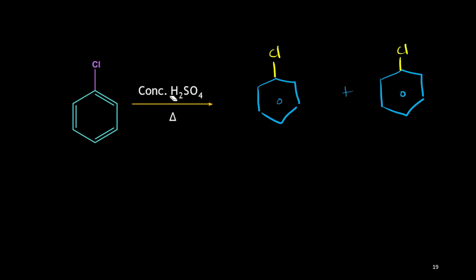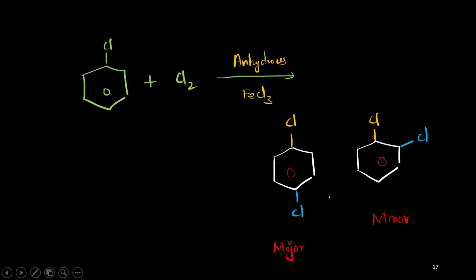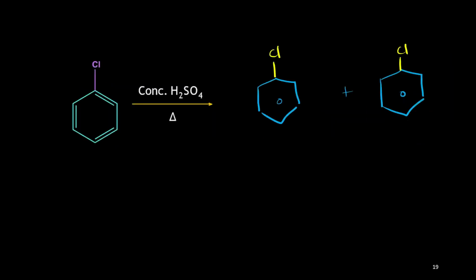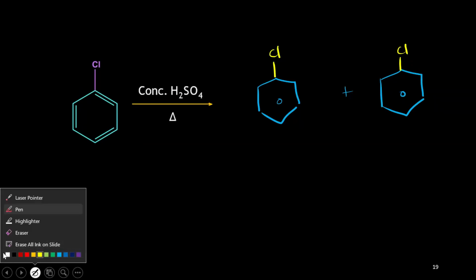SO4, sir. So what is attaching here, a nucleophile or an electrophile? What is this reaction called? Electrophilic substitution. That means the electrophile is attaching. So what is the first electrophile that will be formed from the H2SO4?